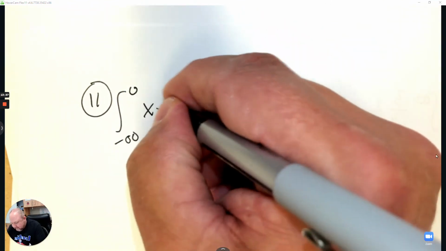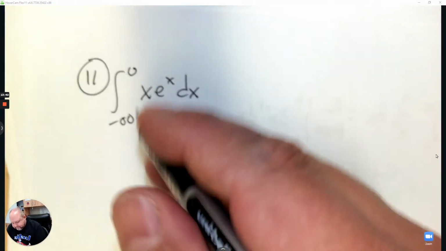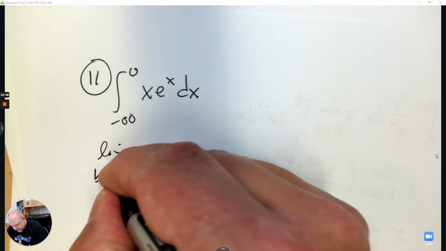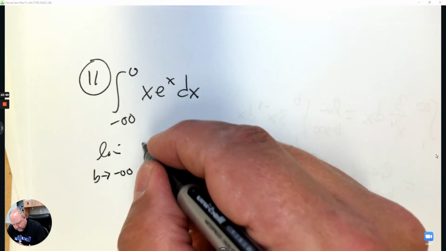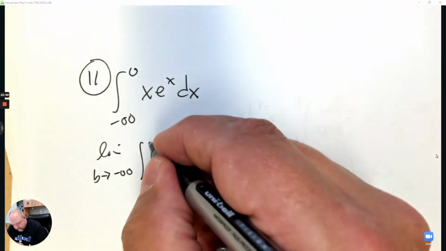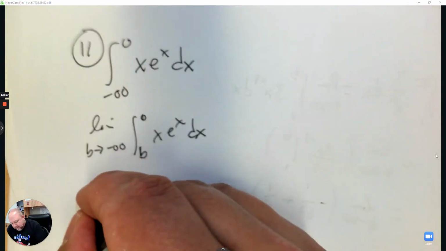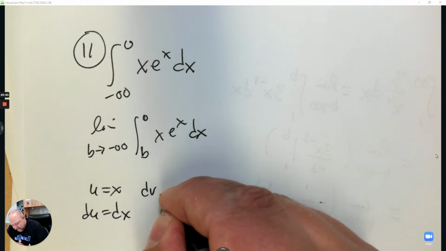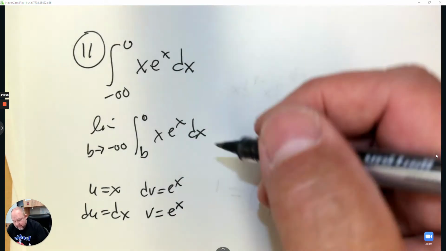I'm going to integrate from negative infinity to 0, x times e to the x dx. I think you see integration by parts here. We're going to write it as a limit. And we're going to let u equal x, du equal dx, dv is e to the x, and the integration of that is still e to the x.